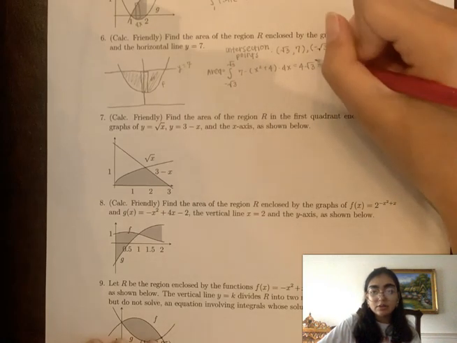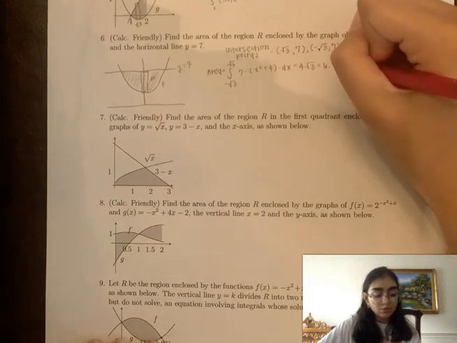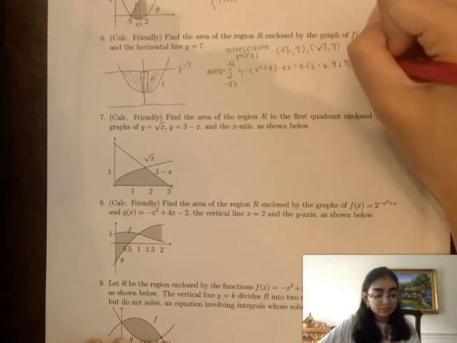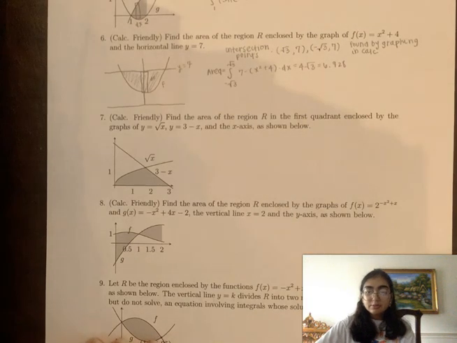That's going to give me 4 square root of 3, which is equal to 6.928. Again, I typed this into my calculator, and I made sure to watch my parentheses to make sure that I got the correct answer.